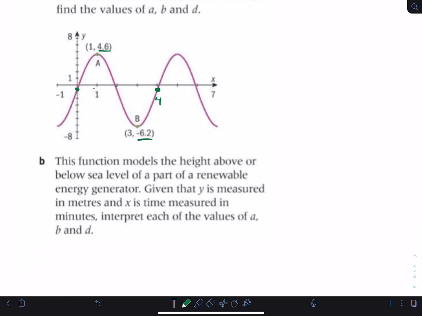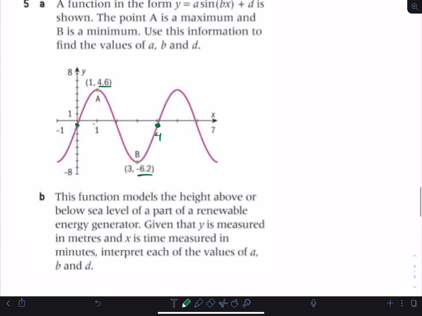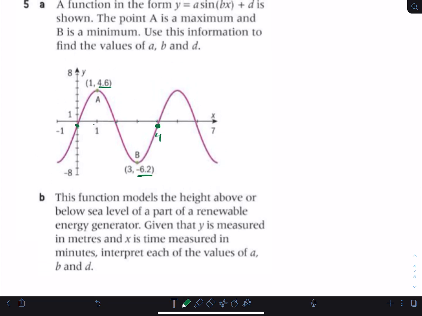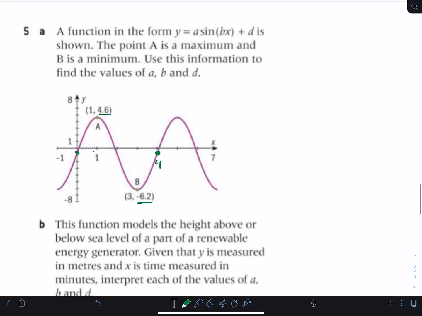This function models the height above or below sea level of a part of a renewable energy generator. Given that y is measured in meters and x is time, interpret each of the values for A, B, and D. Okay, well again, I told you what these things are. My interpretation of this would be it's the height above or below sea level.